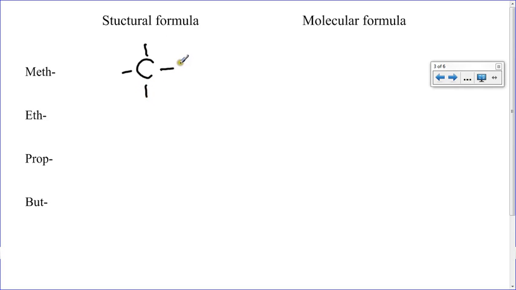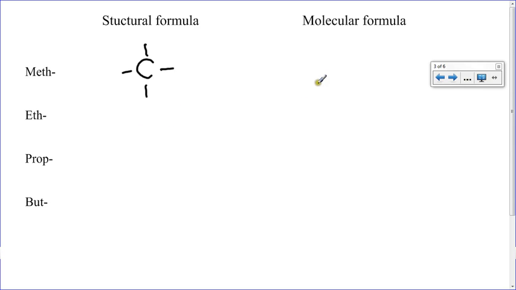Now we could draw hydrogens on the ends of each bond here, but because we're talking about hydrocarbons and hydrogen is so common, it could take us ages to write all these little H's in. So in practice we don't usually bother, we just leave them blank, and that indicates that there are 4 hydrogens there.